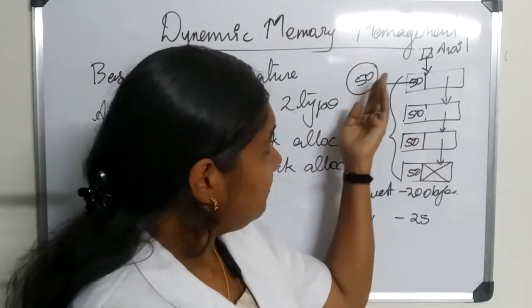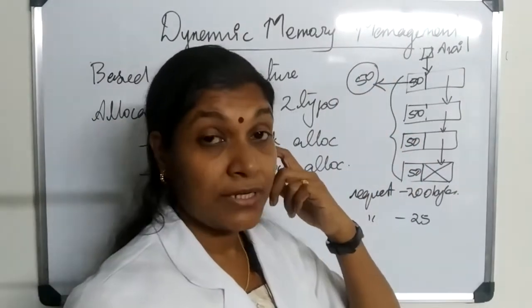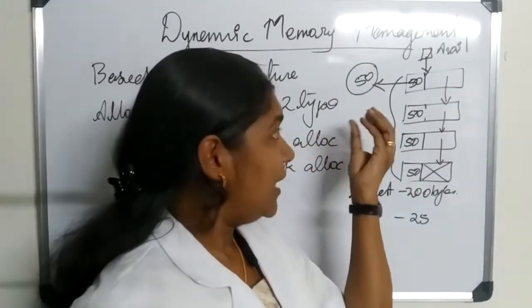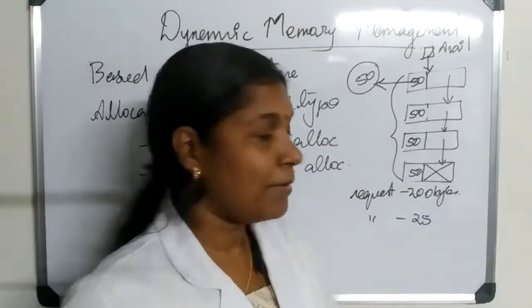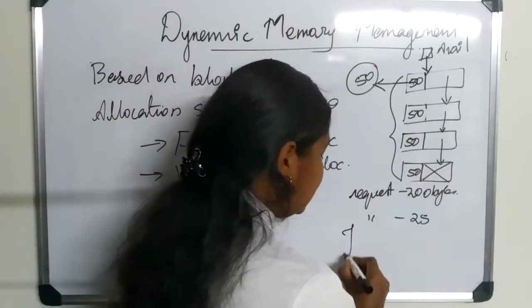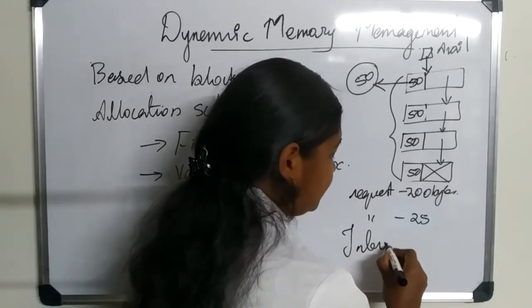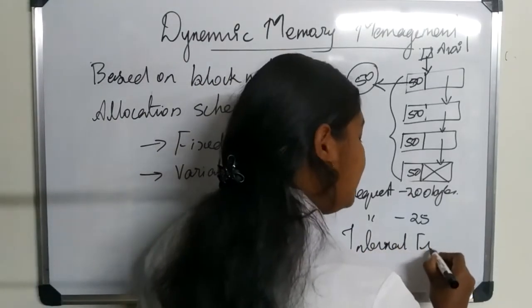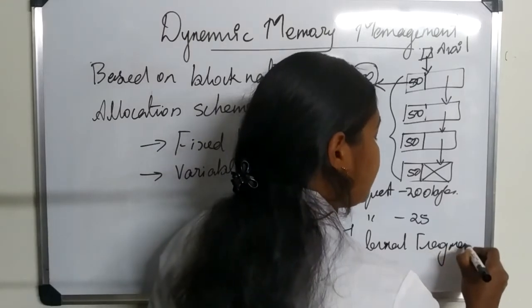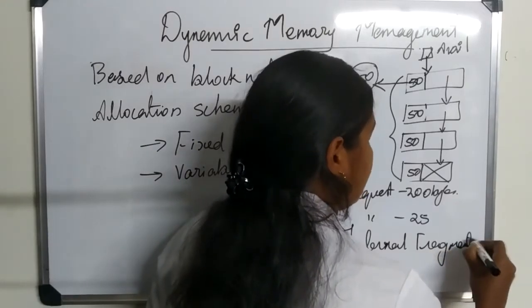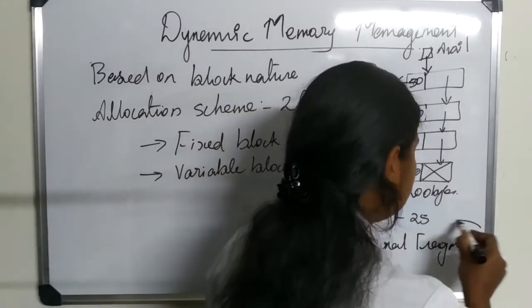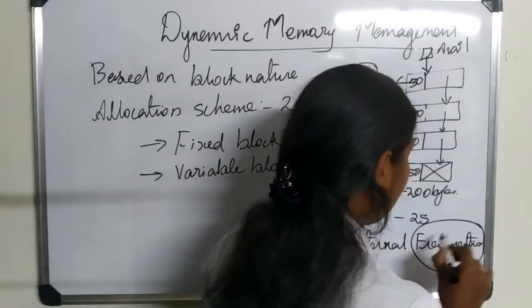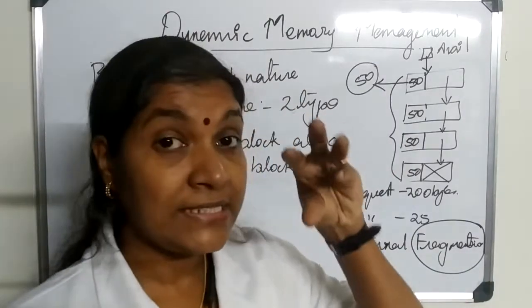The remaining memory, the residue of allocation, the hole which is created because of this residue, is known as internal fragmentation. We are coming into this fragmentation part.